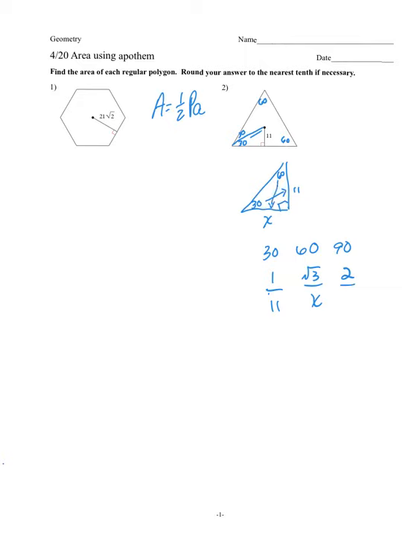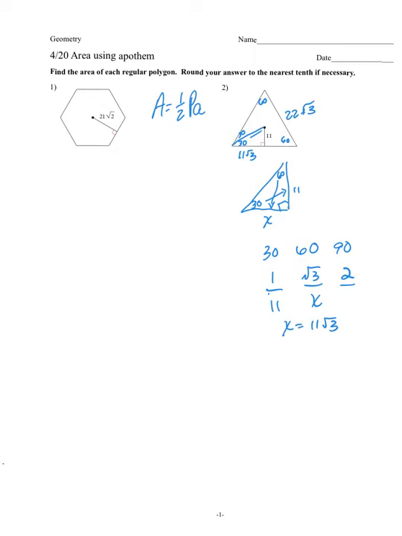So now we do cross multiplication, and we get that x equals 11√3. Do not turn that into a decimal. Leave it just like that. So if I go back to the main picture, and I know that this is 11√3, I know that the whole side is 22√3 because that's just half of that bottom side right there.